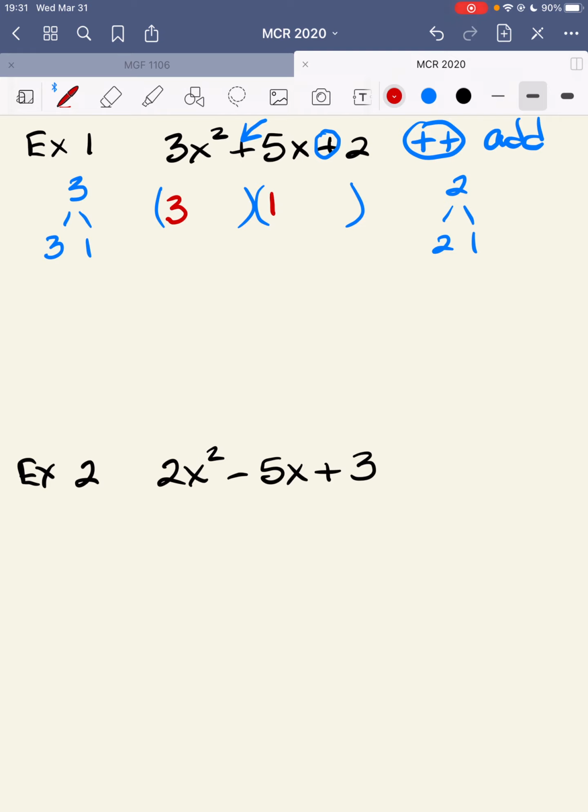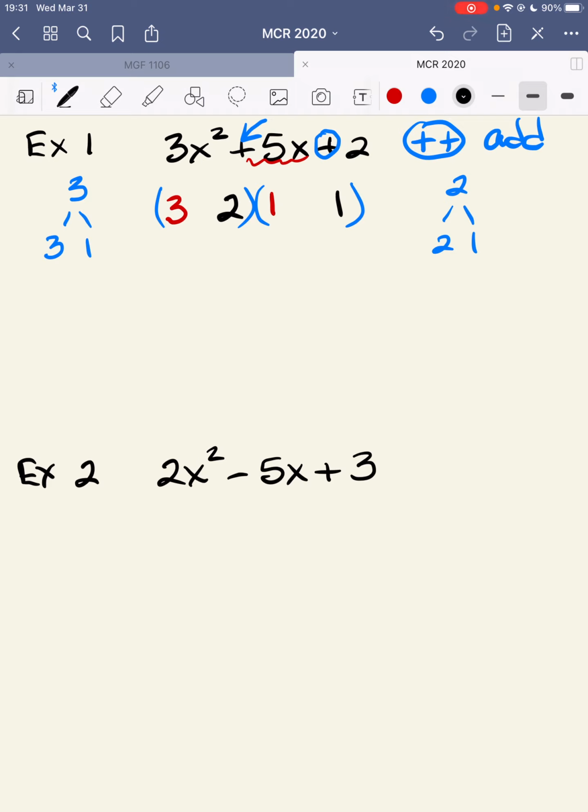Then I want to place the 2 and the 1 such that I get a 5 in the middle. I'll check that with my necklace. So I'm going to put the 2 with the 3 and the 1 with the 1. Now, remember I told you can't have a GCF in your binomials. However, there's always a 1, so the 1s are okay.